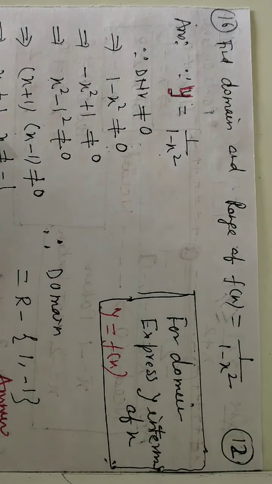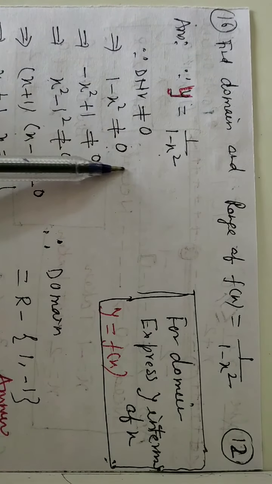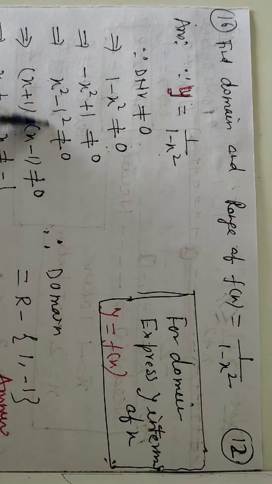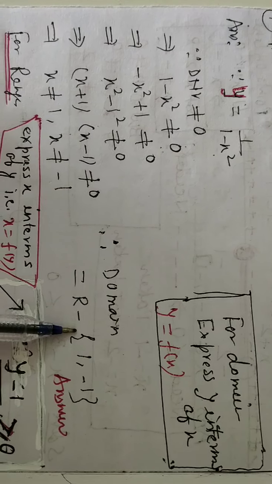Now find the domain and range of this function, y is equal to this. Since the denominator is not 0, this is not 0. So write it and proceed with the factorization, and hence x is not 1, x is not minus 1. So the domain is equal to real numbers minus these 2 points. So the domain is ready.